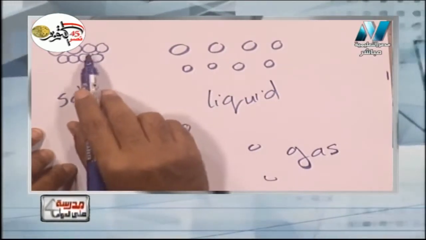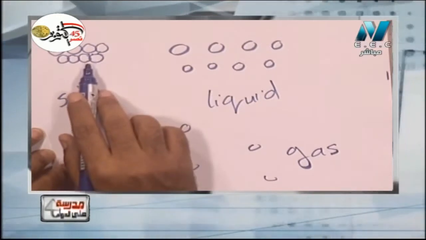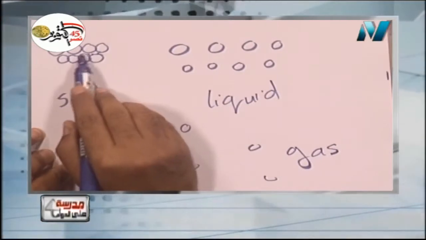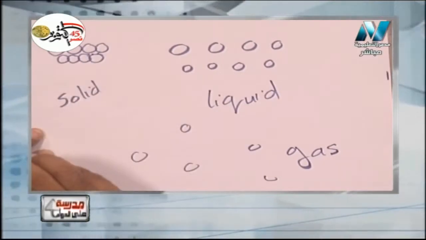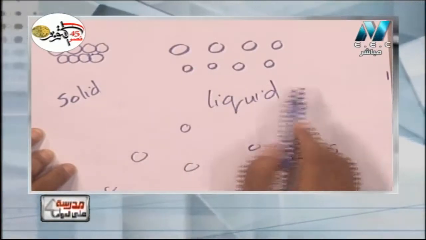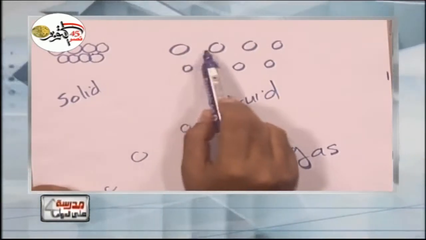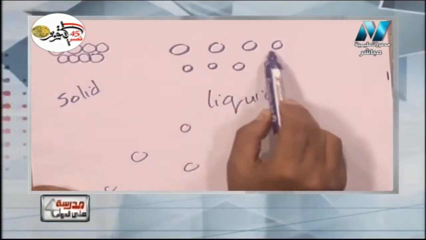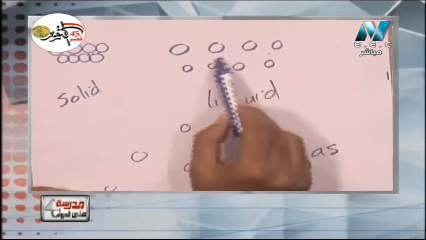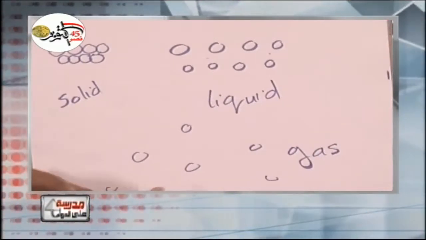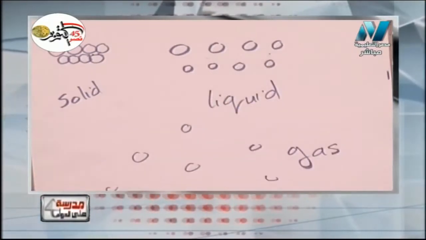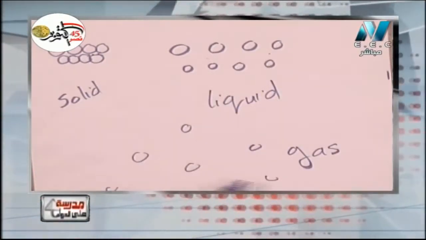These molecules are in a state of continuous motion. They move. And there are limited spaces between them. And the molecules in a liquid state of matter also have intermolecular spaces. These spaces are called intermolecular spaces. They are spaces between molecules of matter. And these molecules are also in a state of continuous motion. They move. And also in gaseous molecules.